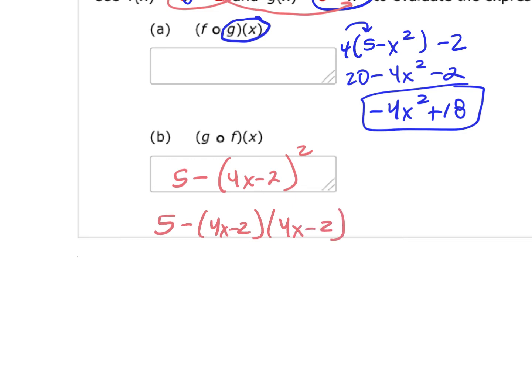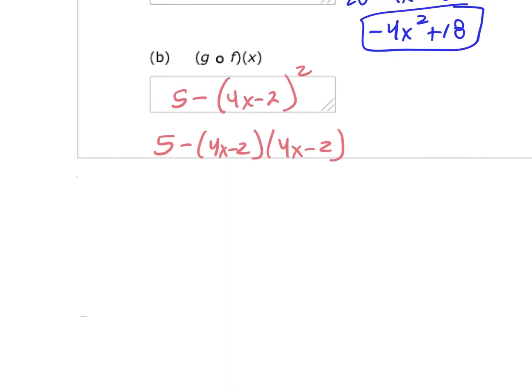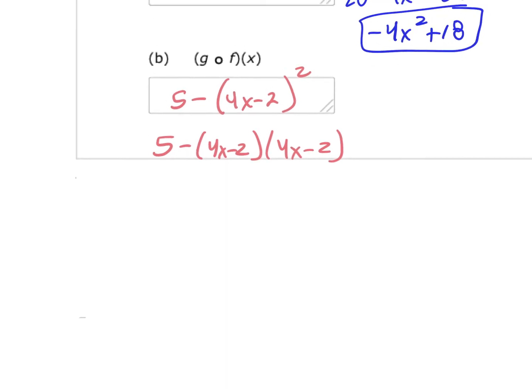Leave that 5 minus out in front. Don't do anything with it. I'm just going to rewrite it as 5 minus. Now I'm going to worry about foiling. What is 4x times 4x? 16x squared. What is 4x times negative 2? Negative 8x. What is negative 2 times 4x?